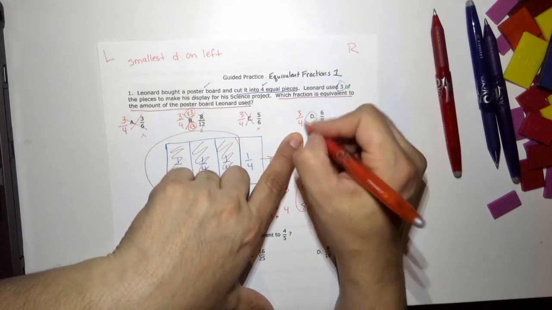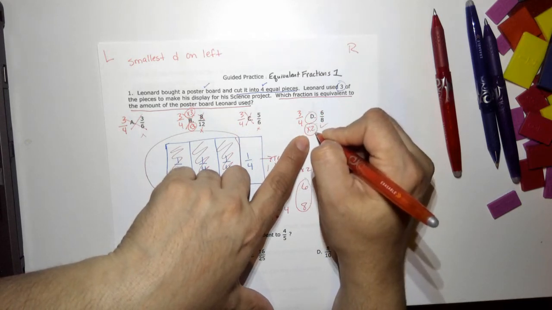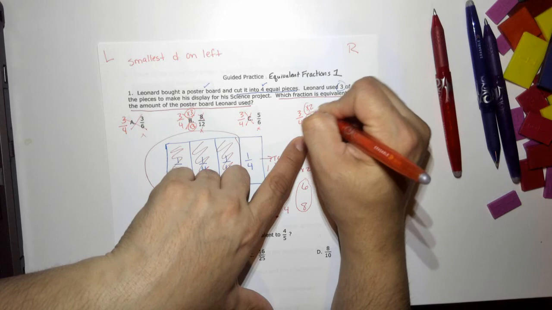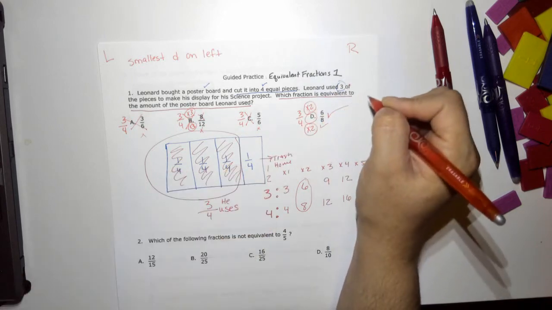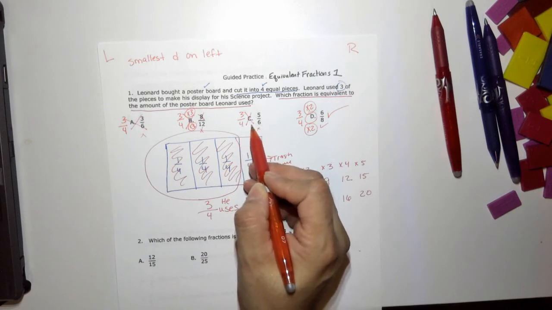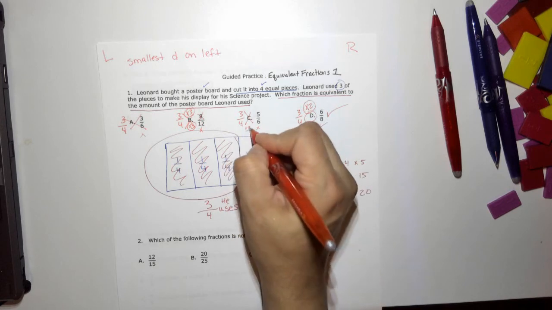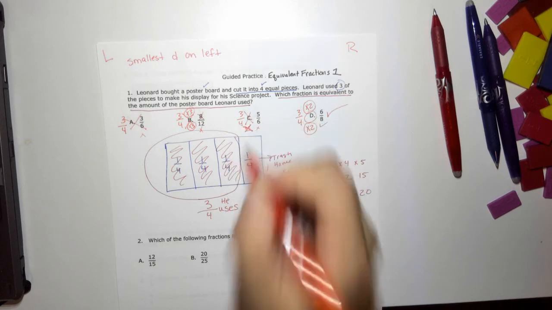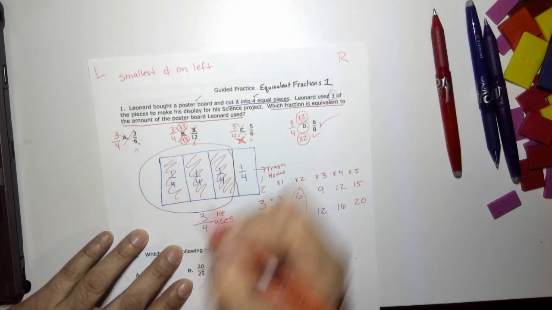And what can I do to 4 to get to 8? Multiply by 2. Whatever I do to the bottom, I have to do to the top. What is 3 times 2? 6. Correct. Some of you may say, oh, well, I can add 2, right? But no, no, no. Equivalent fractions are multiples of each other.